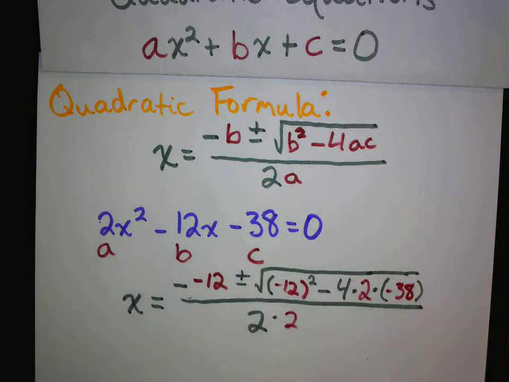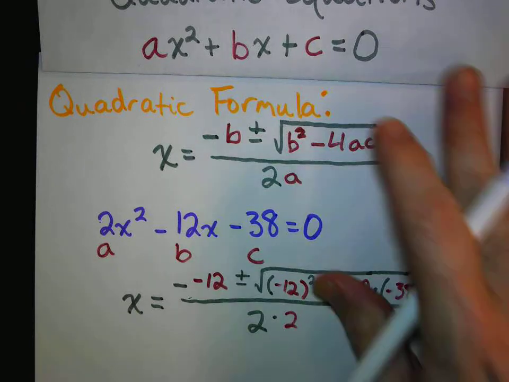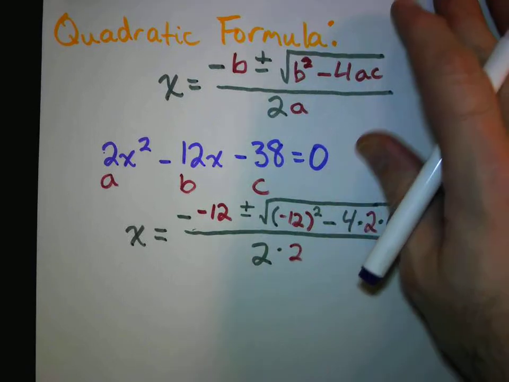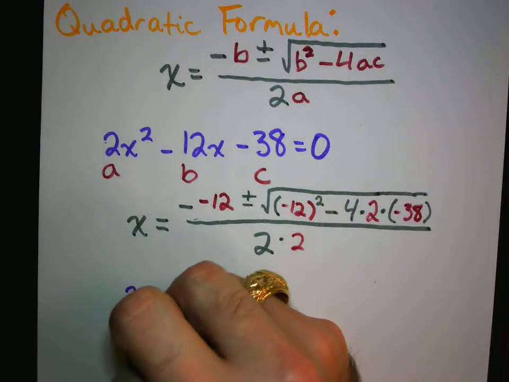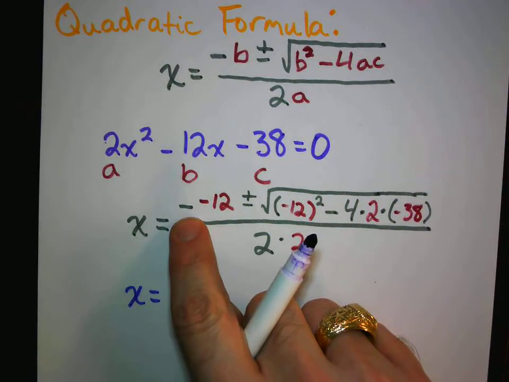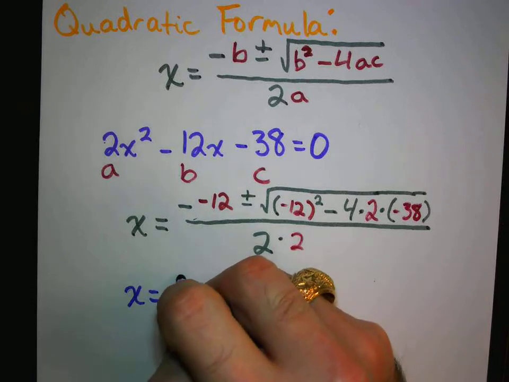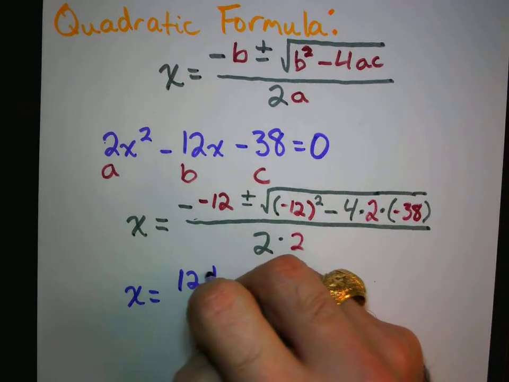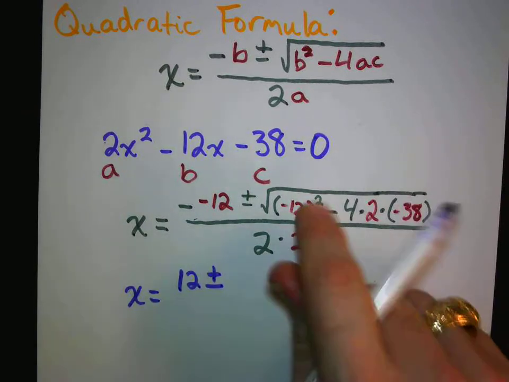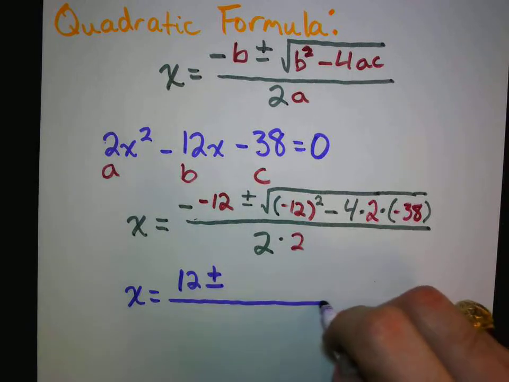So now we start to simplify, and at this point we get x equals negative 12 gives us a positive 12, plus or minus this big square root, which we will deal with in a second.